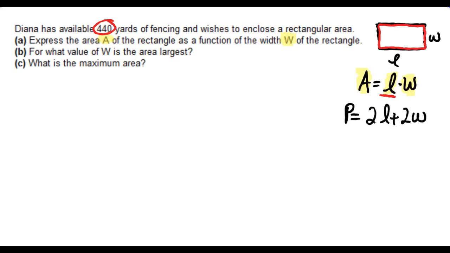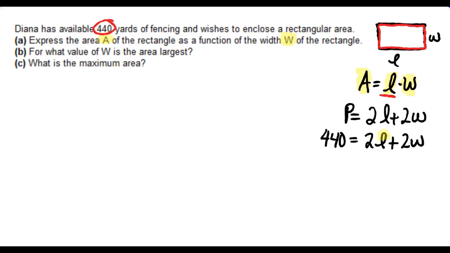So we're going to use all of that 440 yards of fencing. So I'll substitute 440 in for perimeter. And now I can solve this equation for the length so that I can get rid of that variable in the equation.